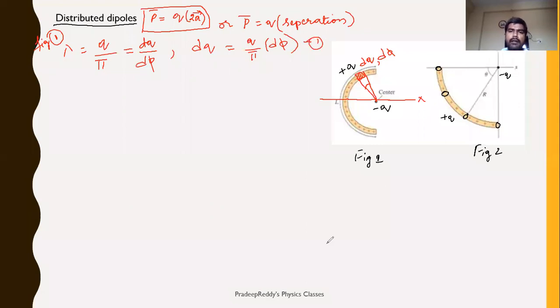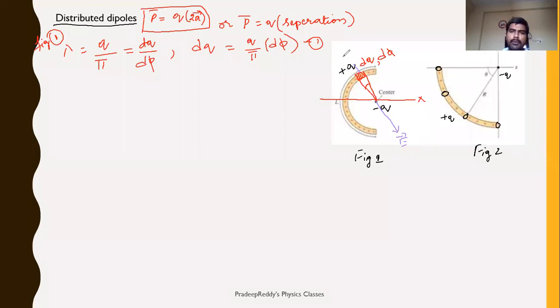Now we have one small element over here, with plus q, and this is the minus q charge. Definitely there will be an electric force and the electric field in this direction. Considering the dipole moment, obviously it will be in this direction. This is p bar and this is E bar.